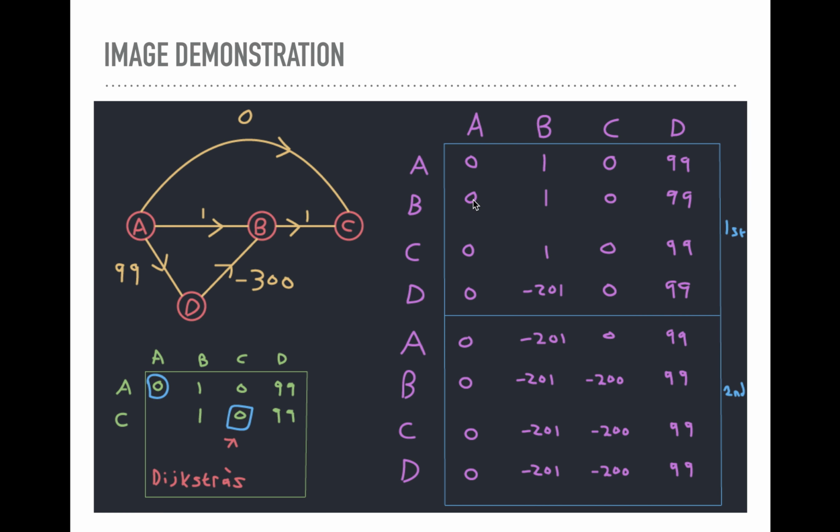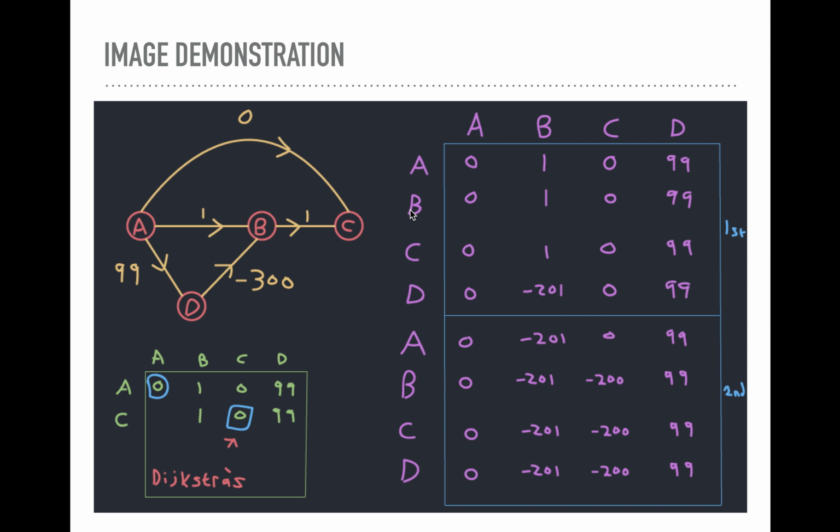So now where in Dijkstra's we would have looked at C, right? Because this would have been marked the shortest path and closed off for the rest of the algorithm. Then we would have looked at C because it was the smallest besides that.